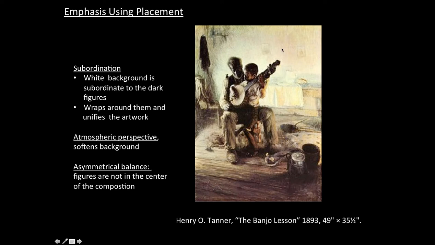But this white plays as an important part of the image as the dark figures, because it sets up a contrast. It wraps the figures around. It gives them more importance, or they're emphasized more because of these light areas.